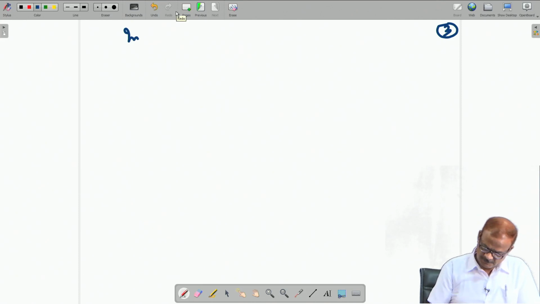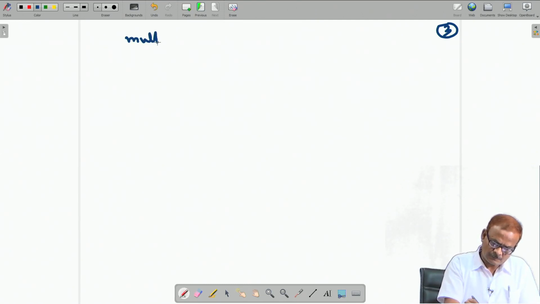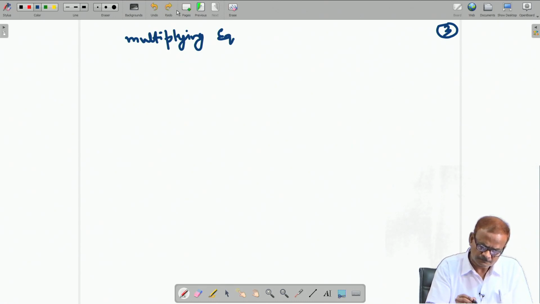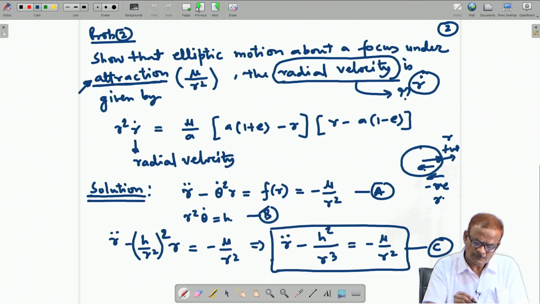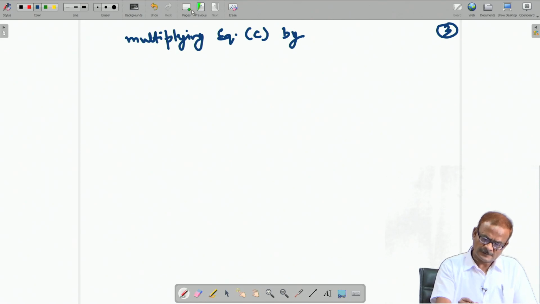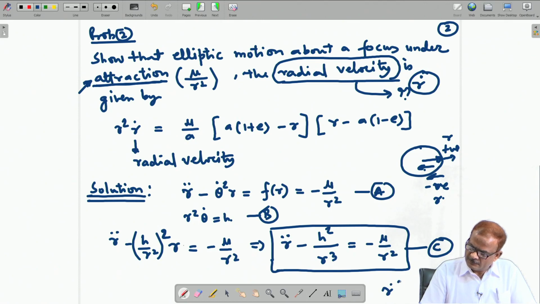So, we need to integrate it once in order to get r dot. Multiplying equation C by, now see, one thing we can guess from this place if we try to integrate it: this r double dot must come from r dot square.